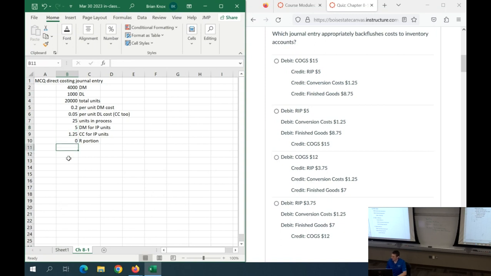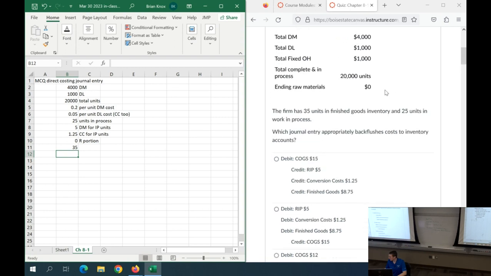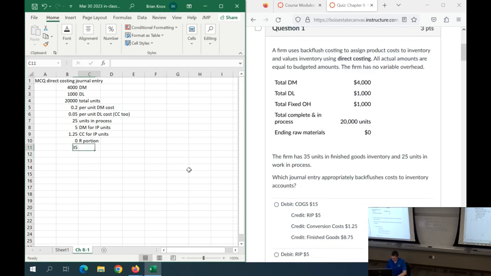Let's double check what the finished goods entry should be. So we have 35 units, it said. Multiply 35 by that rate. This is our DM in finished goods, our conversion cost in finished goods.